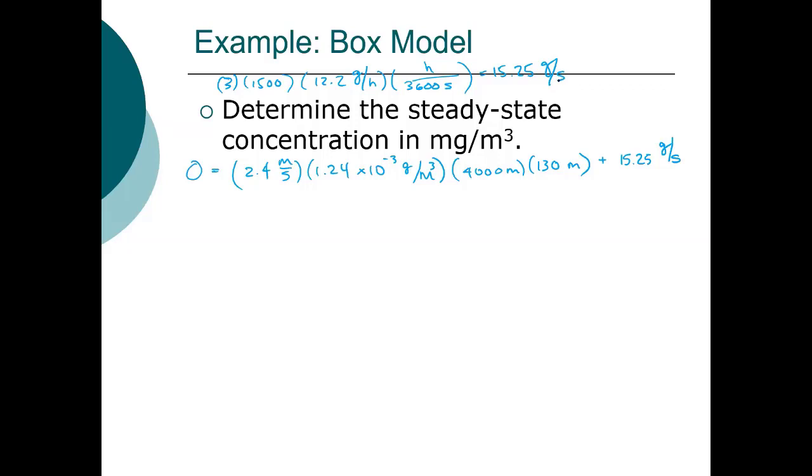Our velocity of wind speed is in meters per second. So we want to make sure, again, that our time unit is also seconds. Plus the mass rate from the wells.